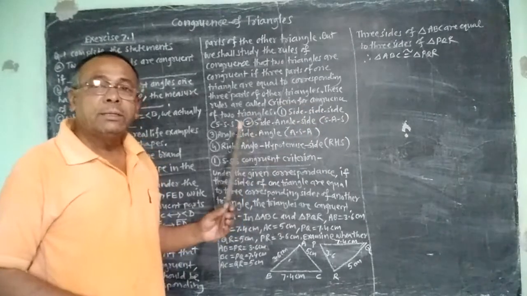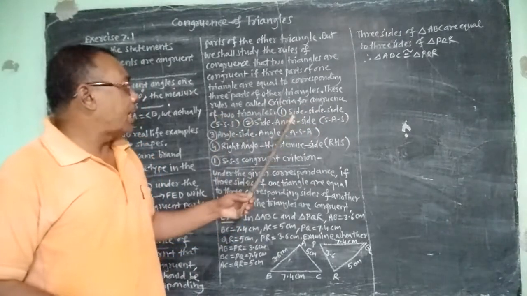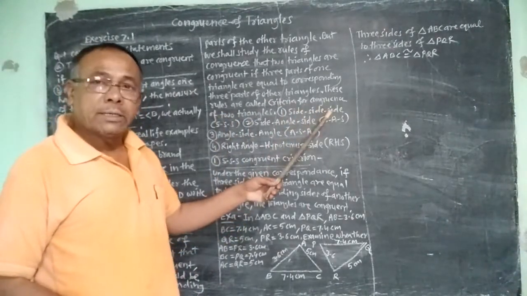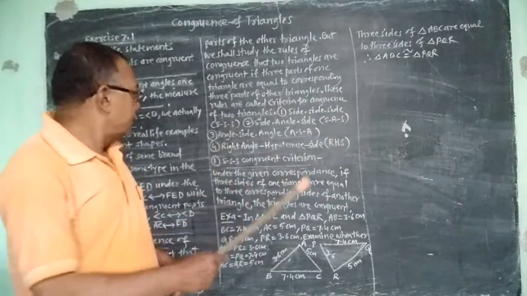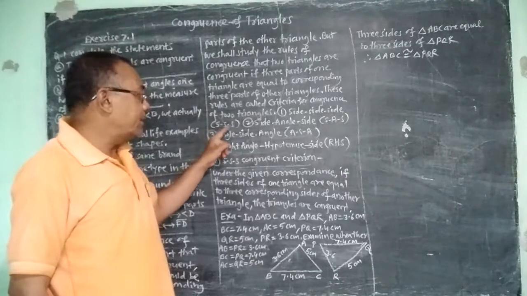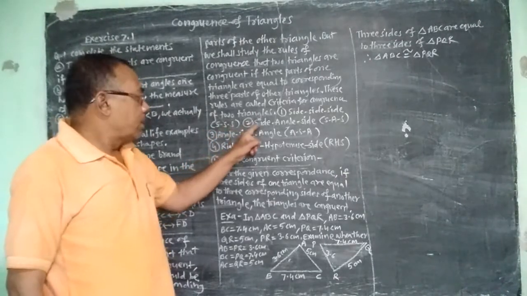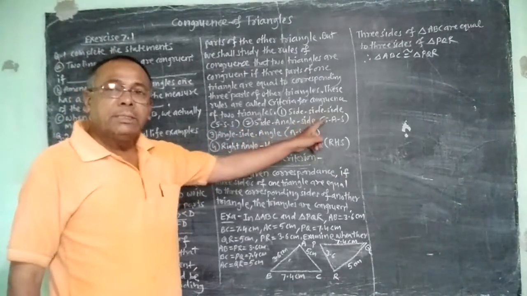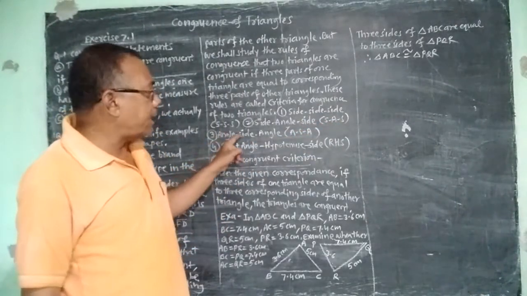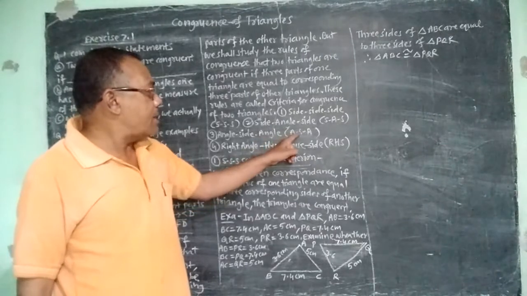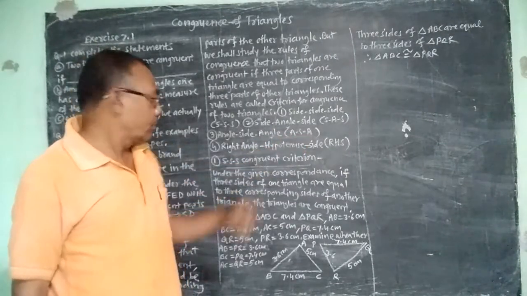The rules are: first, side-side-side criteria, or SSS criteria. Then side-angle-side, the SAS criteria. Then angle-side-angle, the ASA criteria.